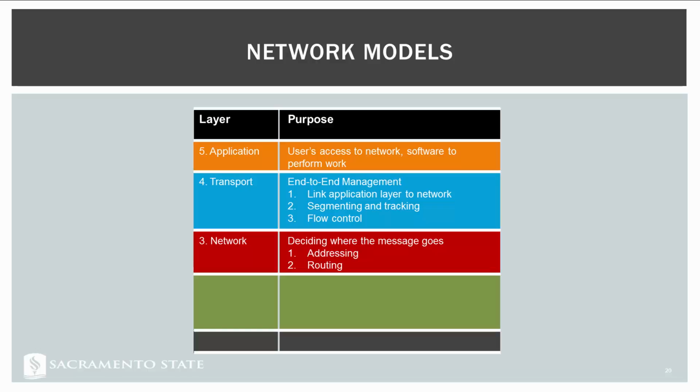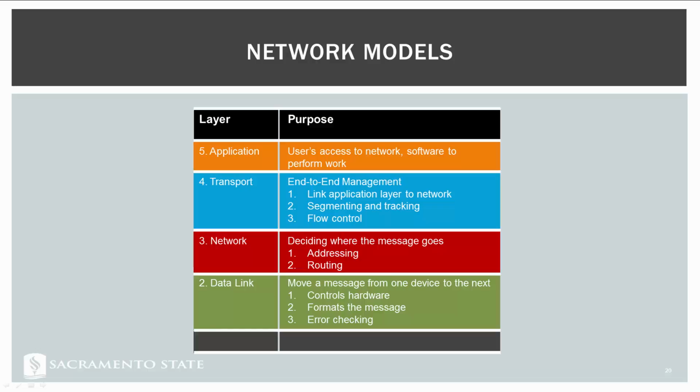Layer 3 deals with routing, and in particular something called addressing, which we'll talk about, an IP address, in a minute. But routing is the path that a message takes throughout the network. Layer 2 is all about getting a message just to the next device. So between your device, tablet, phone, laptop, and the wireless access point that it's connected to, or to your router.